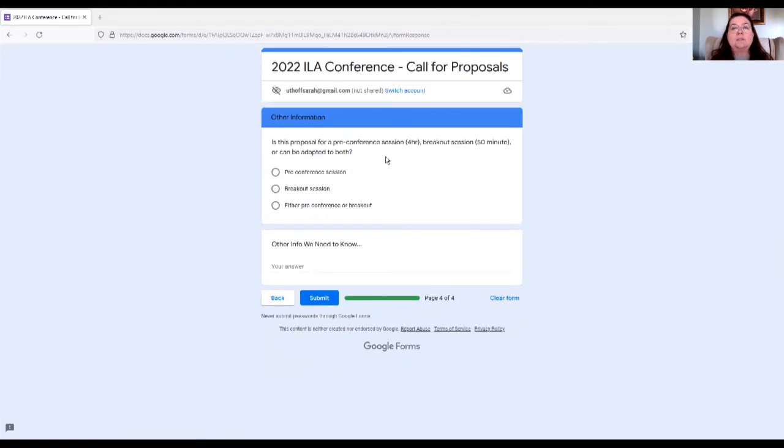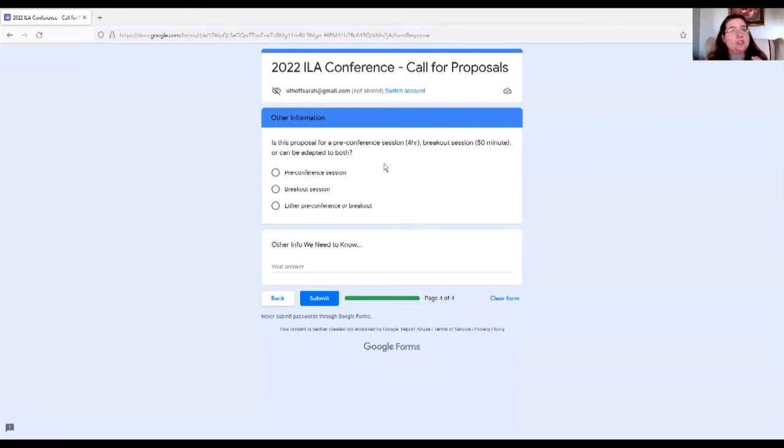And it's going to be, is this proposal for a pre-conference session, a breakout session, or can it be adapted to both? If you haven't been to the conference before, on the Wednesday before conference starts, they have longer things where you can take a tour or do a hands-on thing, go through an actual activity, things like that.